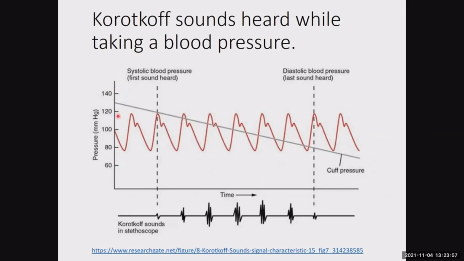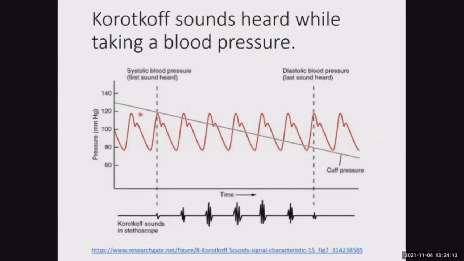I'm not sure what normal means when we look at some of these medical measurements, but it's usually described as 120 over 80. If we are at a pressure higher than 120, this is the line that is going down diagonally across this graph.